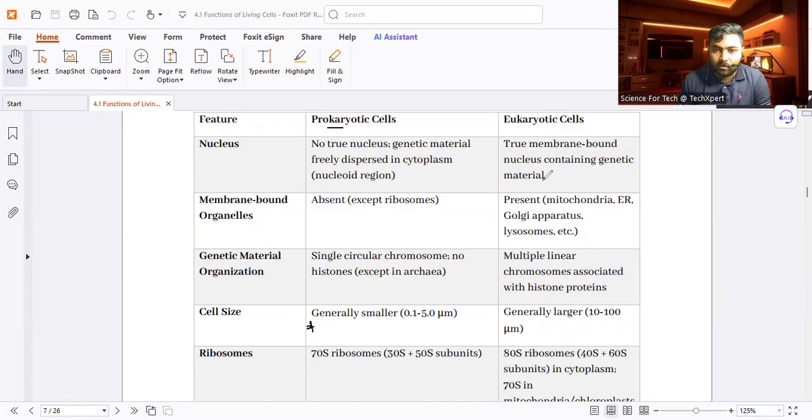But to observe some eukaryotic cells, you don't need a microscope. Only some, not every cell, are quite large. Then let's write here: need a microscope for observing.